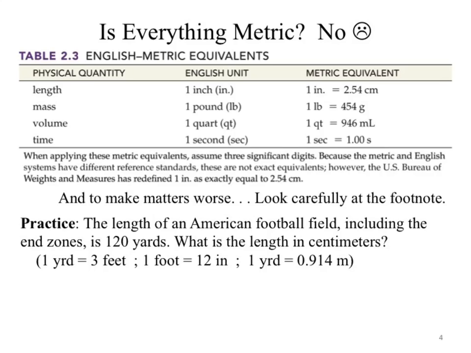To make matters more complicated, if you look at the footnote, how many sig figs are in these calculations? In the numbers shown, we would say 3 significant digits. Why is it not 1? Because I look at that and I see 1, 1, 1, 1.